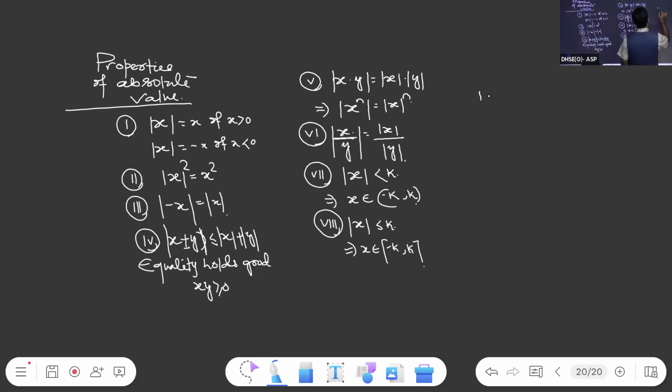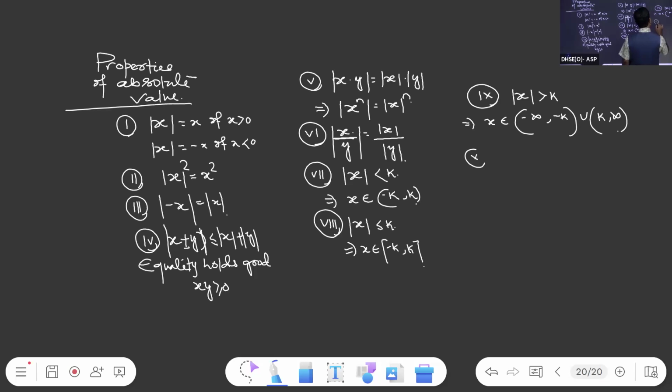Property 9, mod x greater than k implies x belongs to minus infinity to minus k open union k to infinity open.